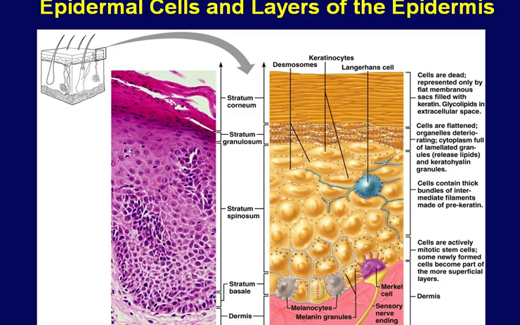These are distinctive, clear cells which bear resemblance to those of the stratum spinosum and, unlike the Langerhans cells, are attached to the neighboring epithelial cells by desmosomes.